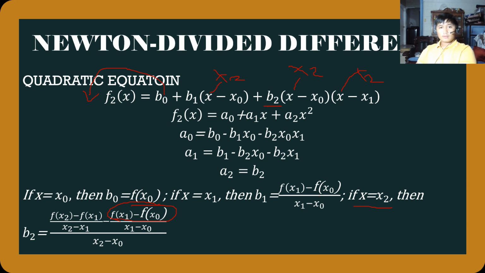And then this one, b sub 1, since b sub 1 is equal to this, so substitute this to b sub 1. This term here is in terms of x sub 2 and then x sub 1. So we will get this value here, b sub 2.